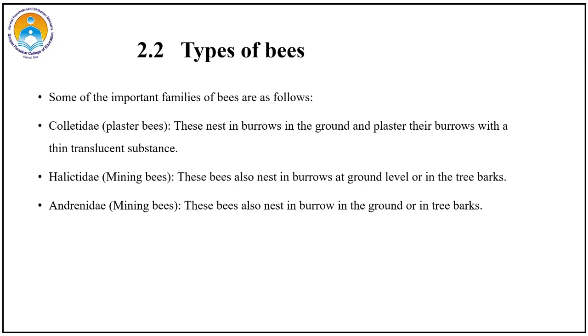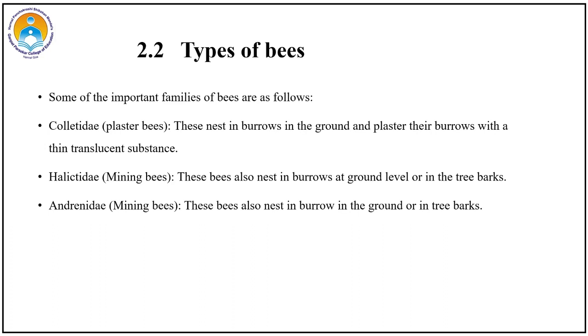Now let's talk about the types of bees. The order Hymenoptera contains more than 130,000 species of insects in the world.